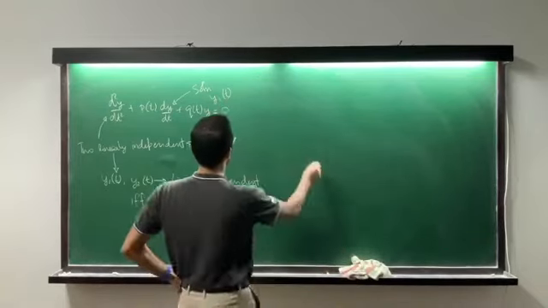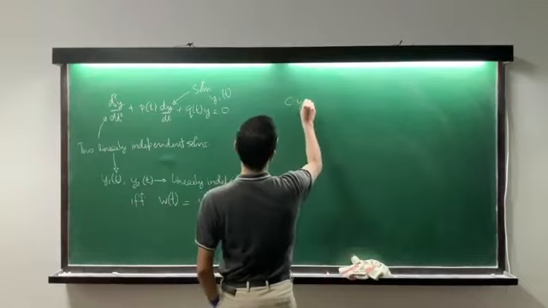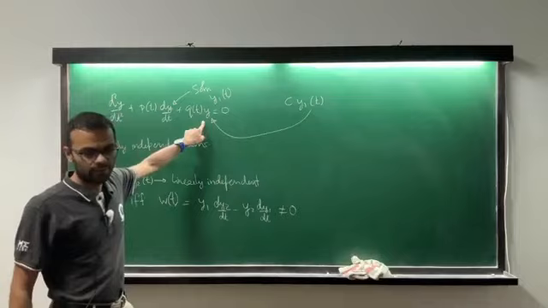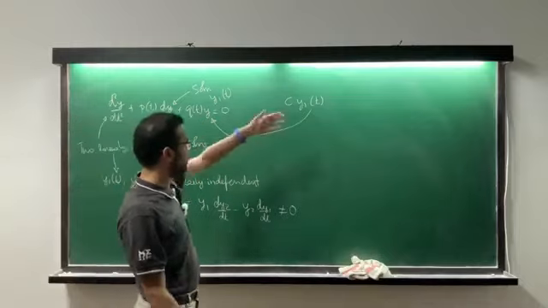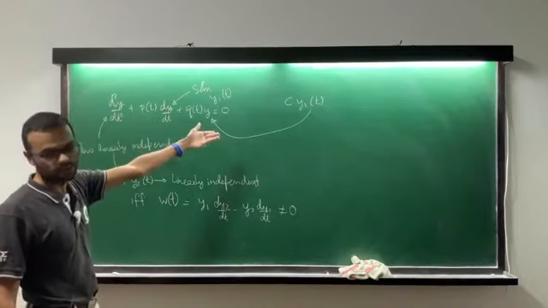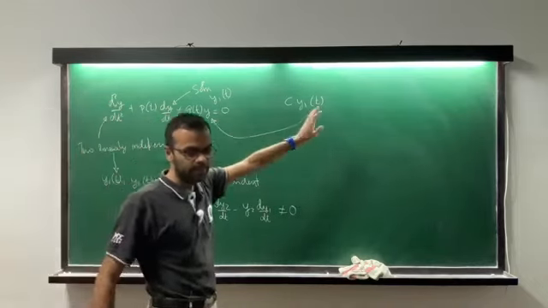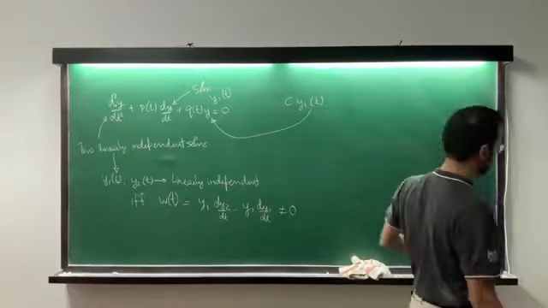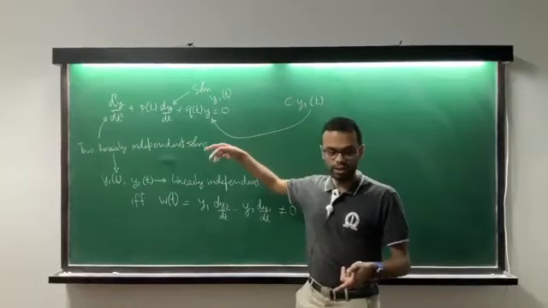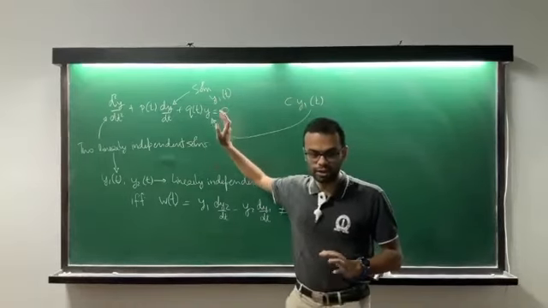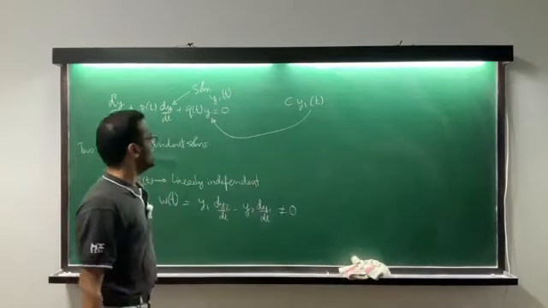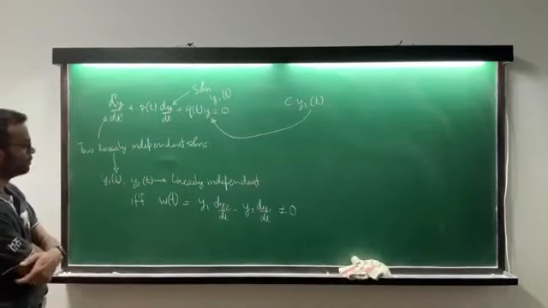For example, if I take c times y1 and put it back into the differential equation, that will also obey the differential equation. Because c will go through all the derivatives and come outside, and c times something that's already equal to 0 will give me 0 for any c, right? So in principle, you could take y1 multiplied by some arbitrary number and generate infinitely many of them, but those are not giving you any information additional to what y1 is already giving you. So that's important to keep in mind.